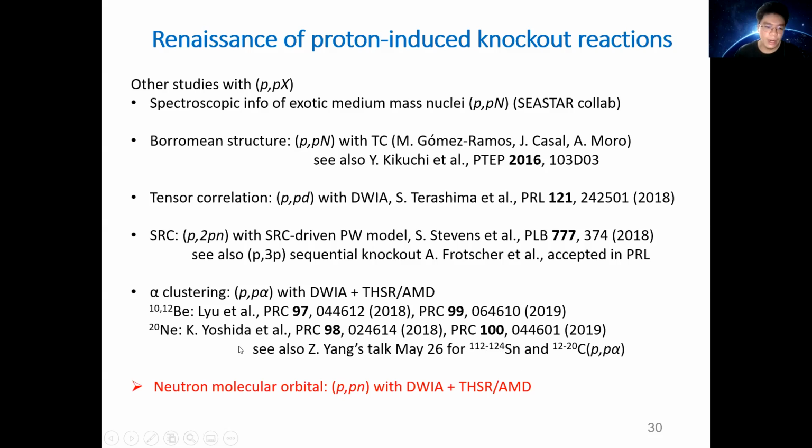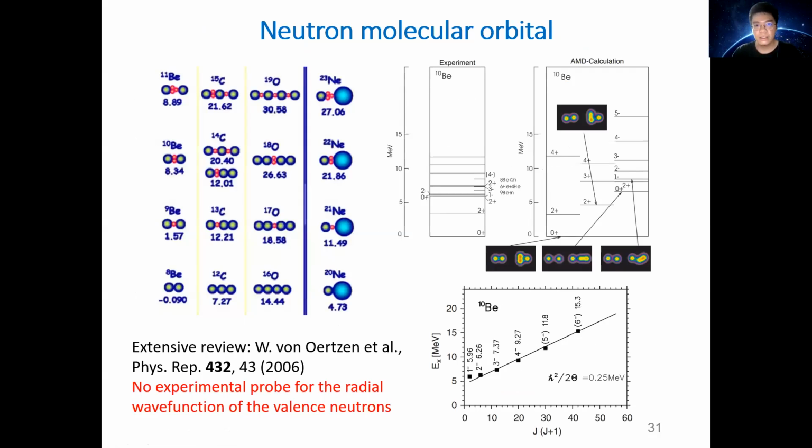What I want to present in this last part is that we try to study the neutron molecular orbitals using neutron knockout reactions with the combination of DWIA and THSR and AMD wave functions. The neutron molecular orbital is a nuclear analog to the molecular orbital we find in molecular physics.